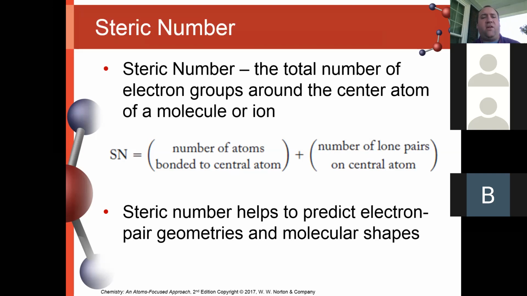And so if we come back to that drawing that we made for nitrogen dioxide, where I had a nitrogen with a single bond and a double bond and a lone electron there in the middle, this would actually have a steric number of 3.